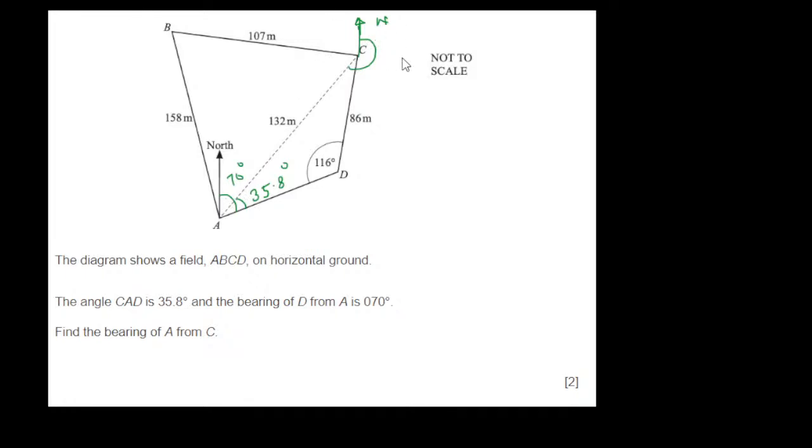I will erase this part and draw it more correctly. So this is your north. This particular angle will be 70 minus 35.8, which gives me 34.2.